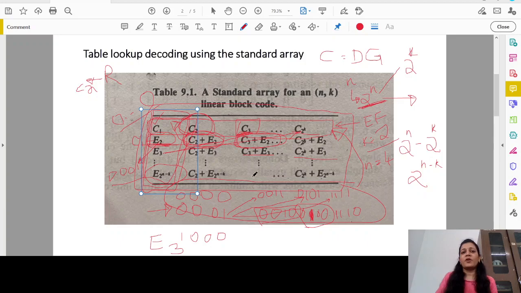Similarly, if the received vector matches with any of the elements in this row, we will assume an error pattern of this one. That is why it is called a leader. In other words, I am going to generate all these elements with the help of this particular error pattern. That is why any element in this particular column is called a coset leader.